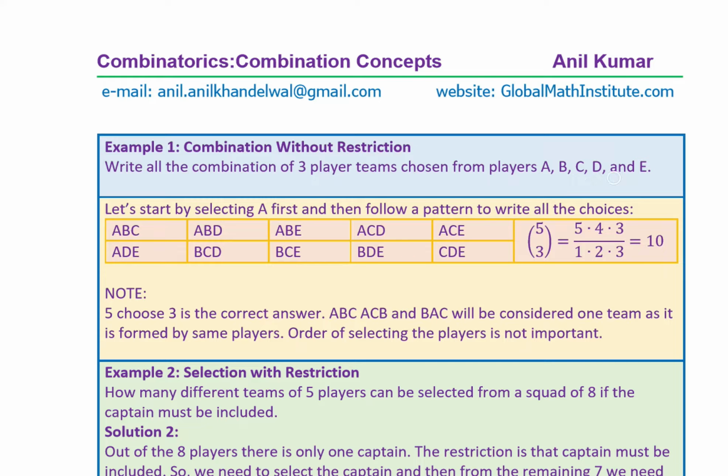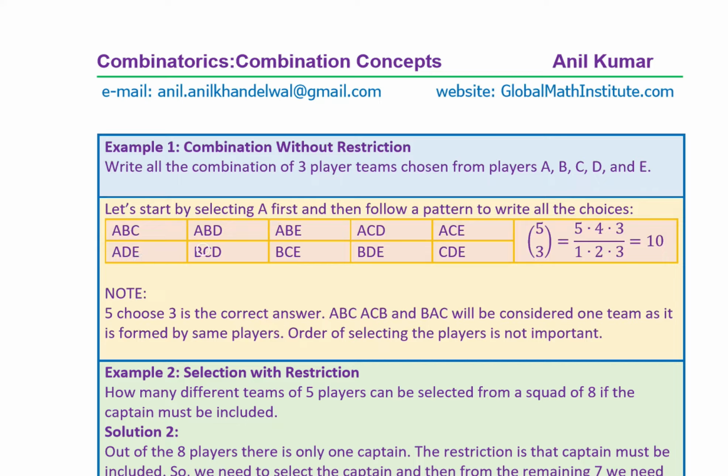A systematic way of writing will be, we can select A and then the other 2. So I've made a list here. Let's start with selecting A first and then follow a pattern. When we write it, we get ABC, ABD, ABE, ACD, ACE, and ADE.